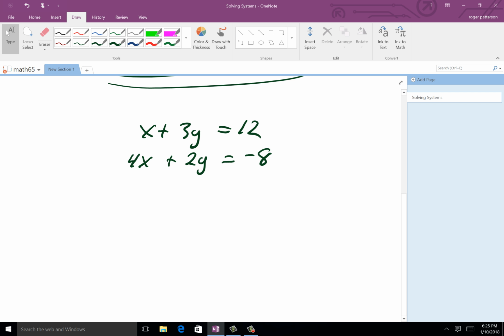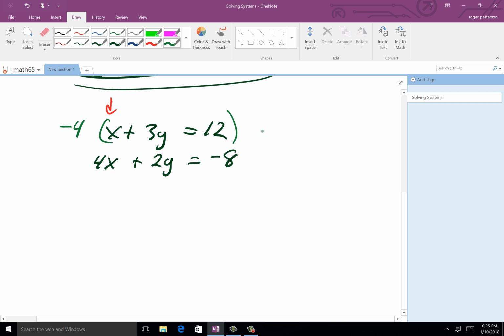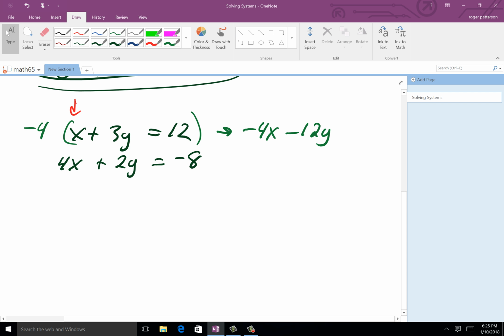So in this case, I'm going to eliminate this x here on the top. I'm going to do that by multiplying this by -4. So when I do that, I get -4x minus 12y equals -48. So I've multiplied every single thing here by 4.